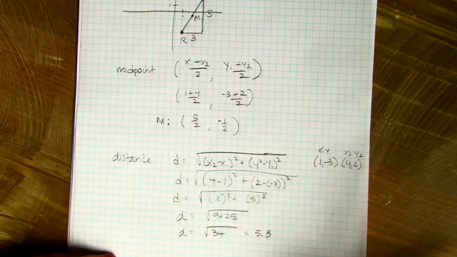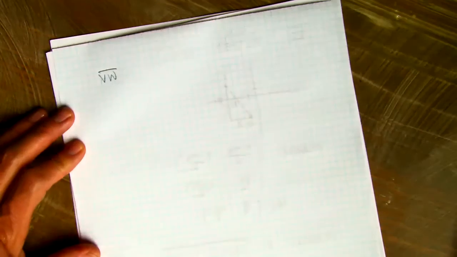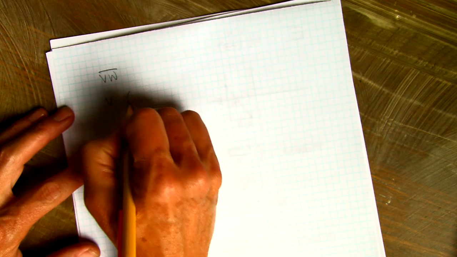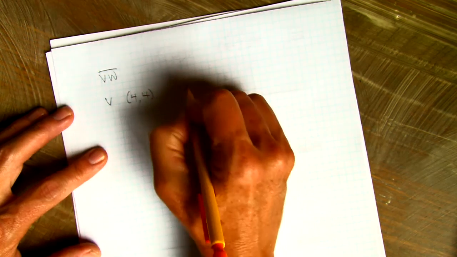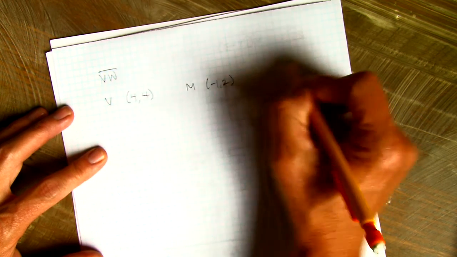Something that is a little more complicated is, suppose I give you an endpoint and a midpoint and want you to find the other endpoint. So suppose I have a segment VW and I tell you V is 4, 4, and I tell you that the midpoint M is -1, 2.